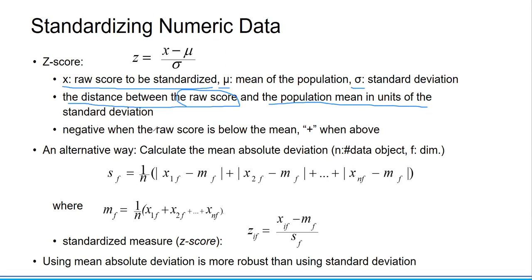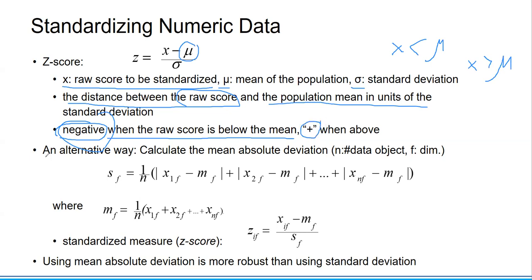Because it is about the mean, there might be a negative value. If it is negative, it means the raw score is below the mean. So if x is less than mu, of course it is negative, but if x is higher than mu, then it is positive.